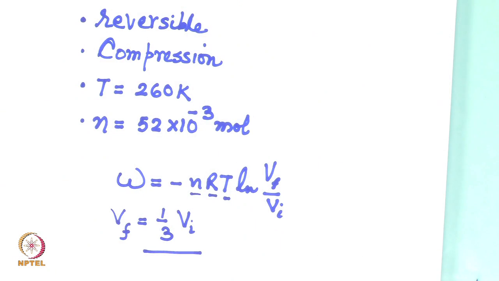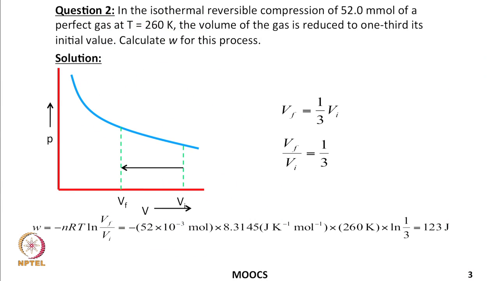We are talking about going from some initial volume to some final volume. Final volume is lesser than the initial volume, which is 1/3 of Vi. So, Vf by Vi is equal to 1/3, and that is what we substitute into the formula, minus nRT log V final over V initial.